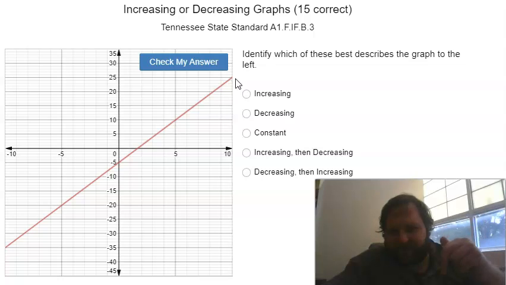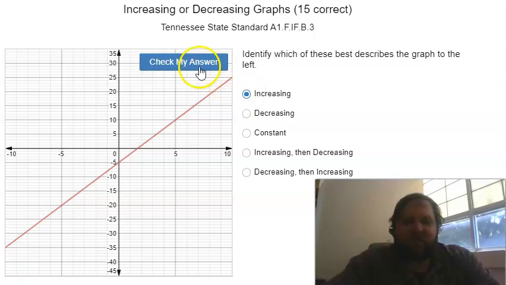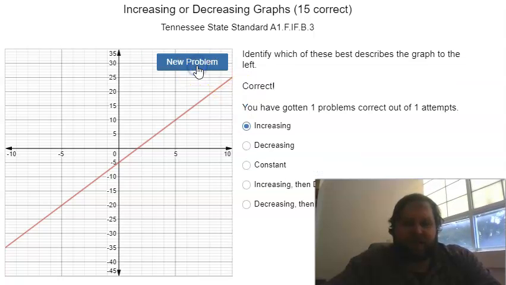Is it going downward, which is decreasing? Or holding steady, which we call constant? So in this case, again, we go left to right, just like you would read, and we see that it's always going up. So this would be an increasing function. And we can check our answer, and we find that we are correct.